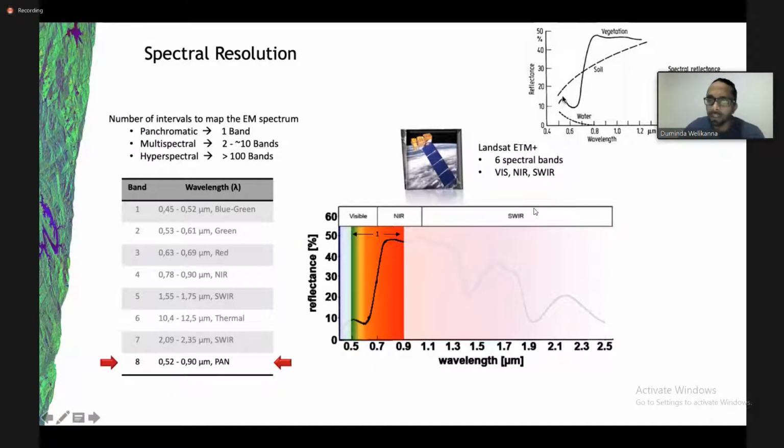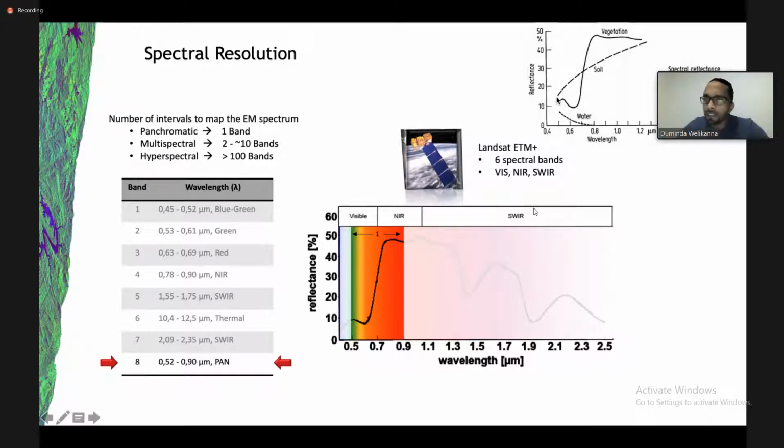Basically, if vegetation is hit by the sun, the electromagnetic energy in this region will have reflectance something like this, and it grows higher in the near infrared region, and again it goes flat in the shortwave infrared region. So this is the identity of vegetation, the spectral profile we call it.